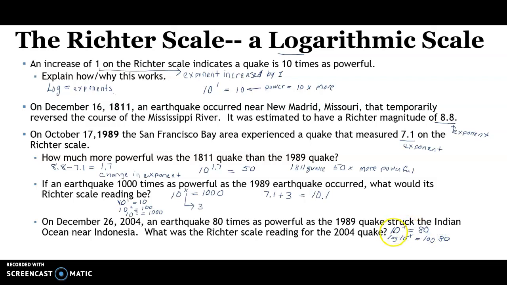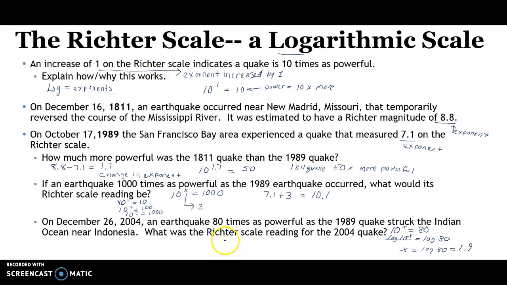Because exponential and logarithmic are inverses, this side of my equation cancels, and I'm left with x, which is equal to the log of 80. So I type that on my calculator, log 80, and hit enter, and I come up with an answer of 1.9. Now this works with what we originally said, that logarithms are the exponents. So when I took the logarithm of 80, it gave me the exponent for 10.